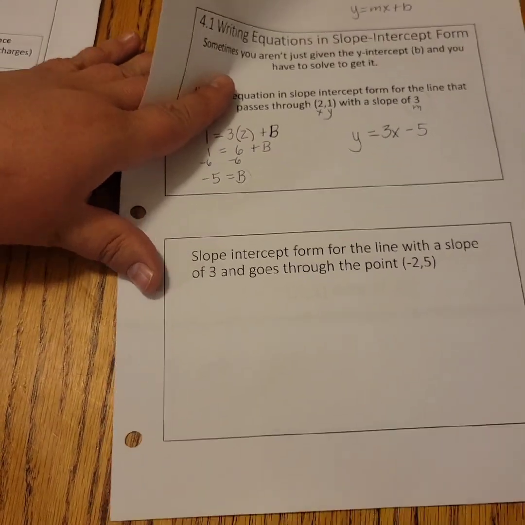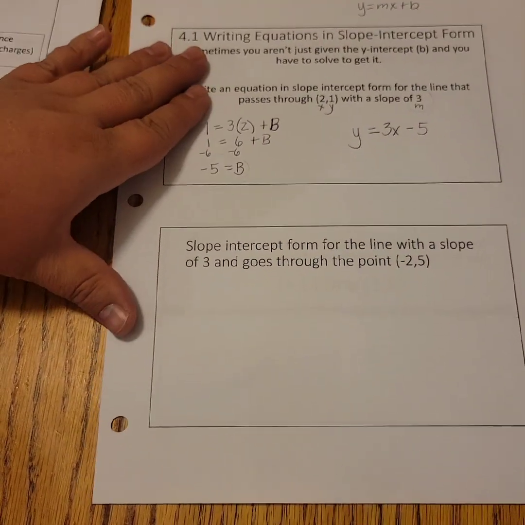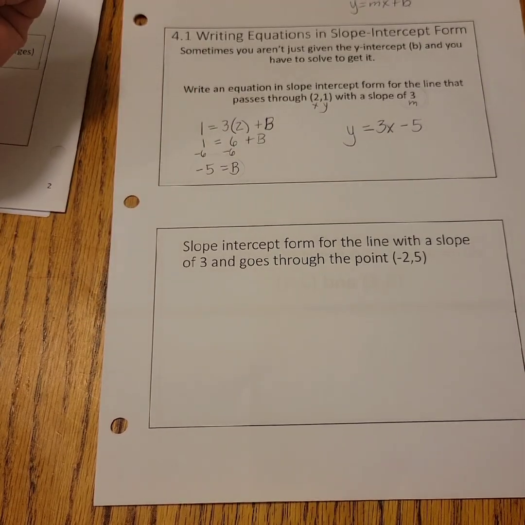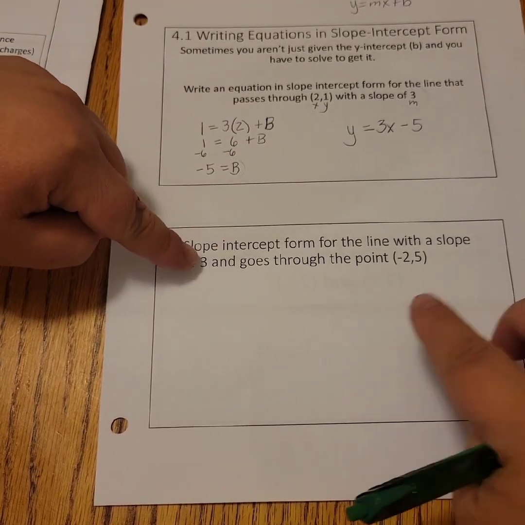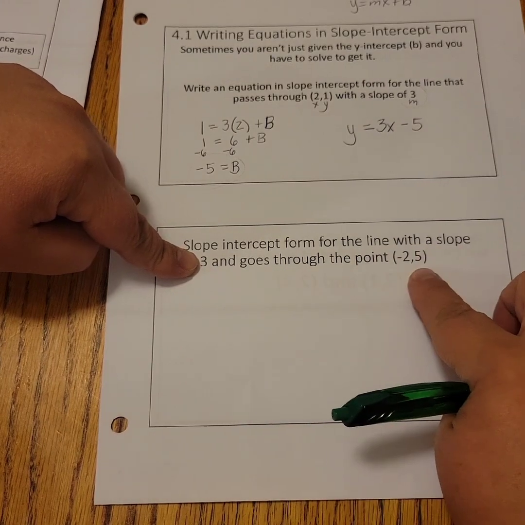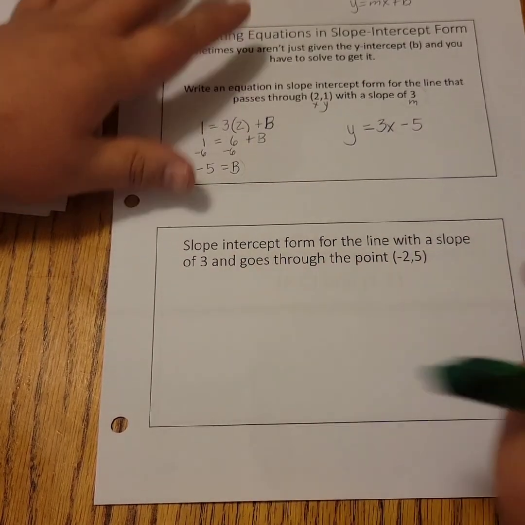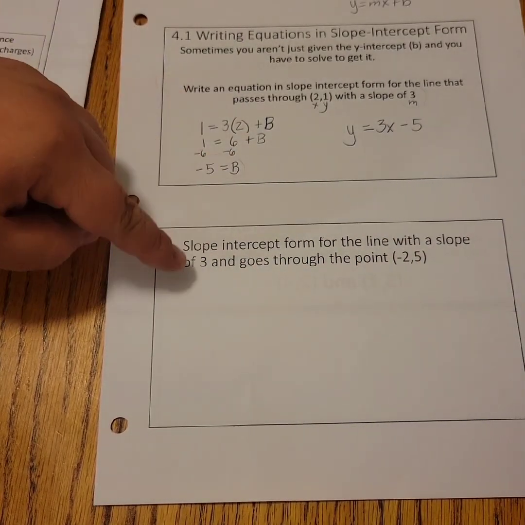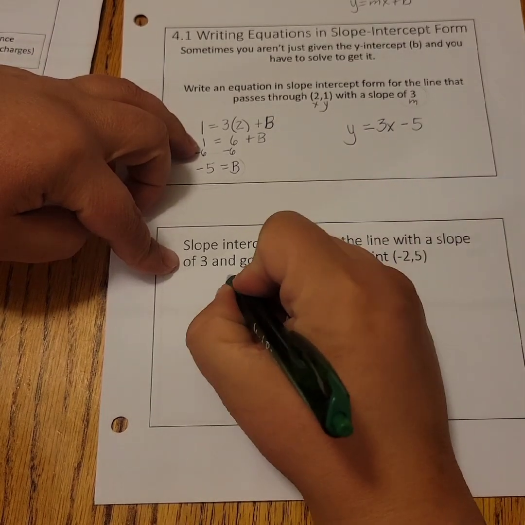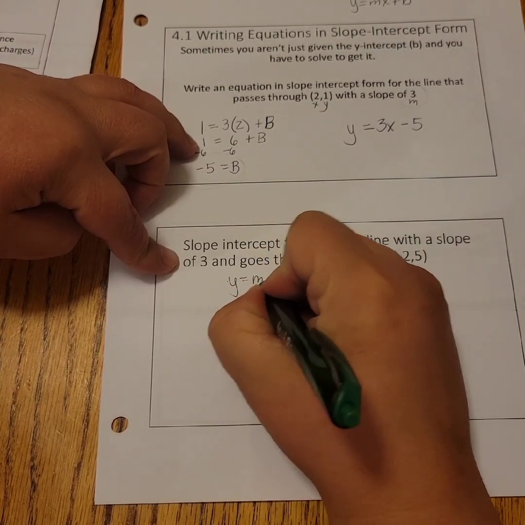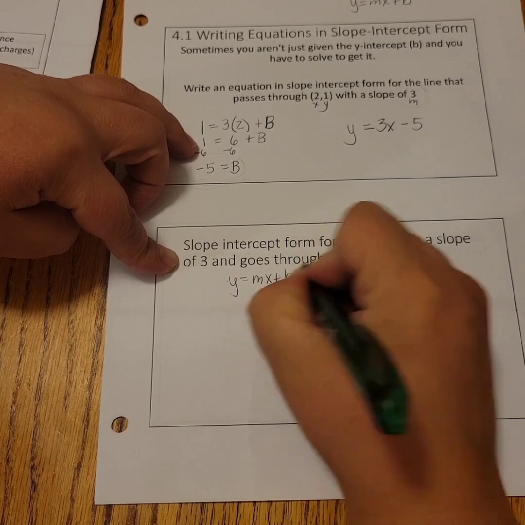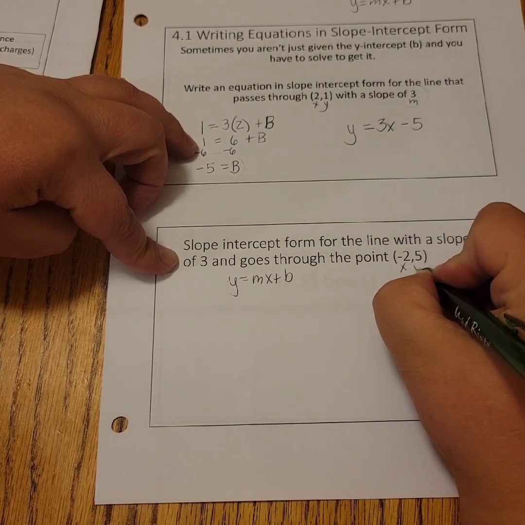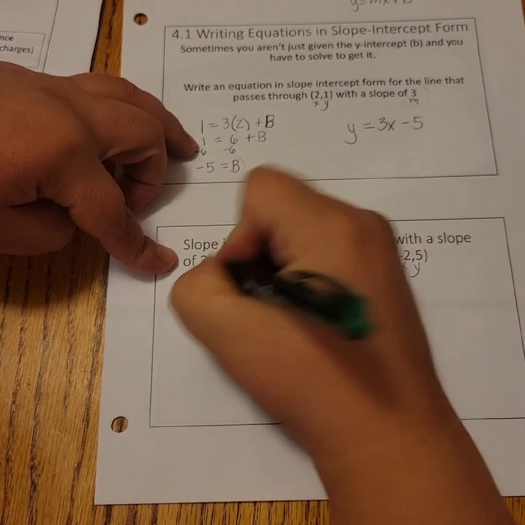So let's do another one. So go ahead and pause it and write down the question. And really you would just need to put slope and point. But if you want the whole thing, go ahead. So again, we have y equals mx plus b. So we have x, we have y, and we have m.